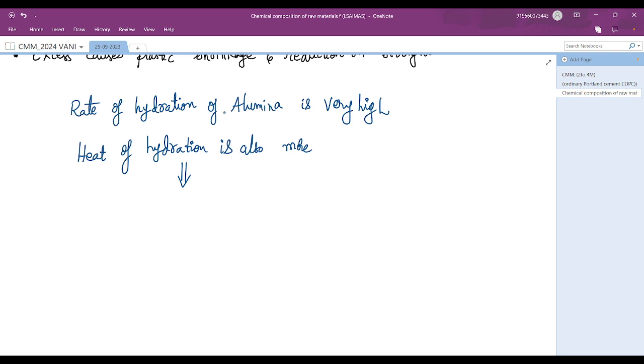So that evolved heat will evaporate the water that is present in the cement, which is required to carry out the hydration of the other compounds. Because of this high heat of hydration, that extra water is going to be evaporated, so that hydration process will be incomplete. If hydration process is not completed, then the strength is not going to develop. In this way, it reduces the strength.